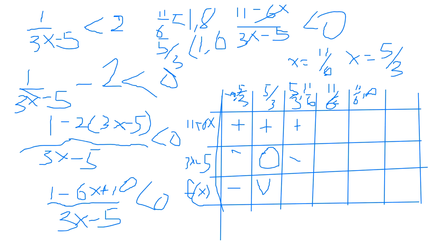So here, positive divided by negative will give us what? Negative. Isn't it 3x minus 5?